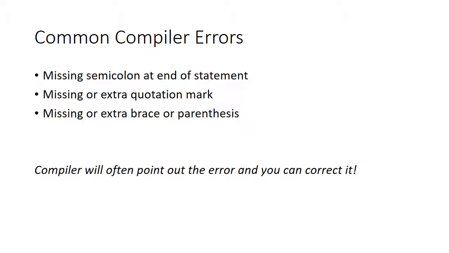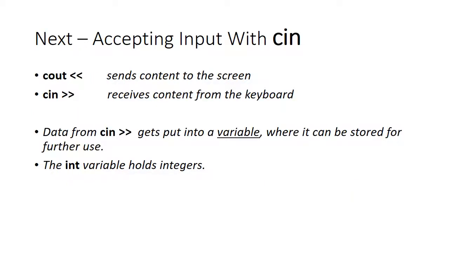So a missing semicolon and an extra, or a missing quotation mark or a missing brace implies that there's an extra one, or vice versa. That's just a funny way of looking at the logic. But the compiler will point these out, and you can insert or remove the offending mark. So that's compiler errors in Hello World.